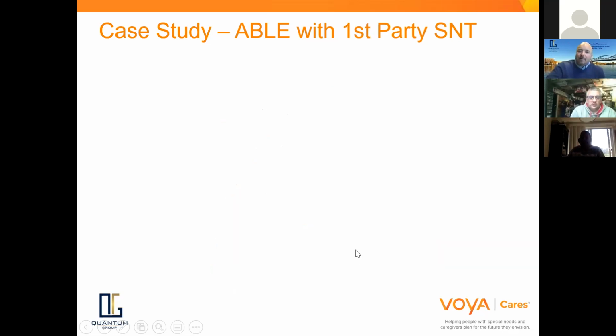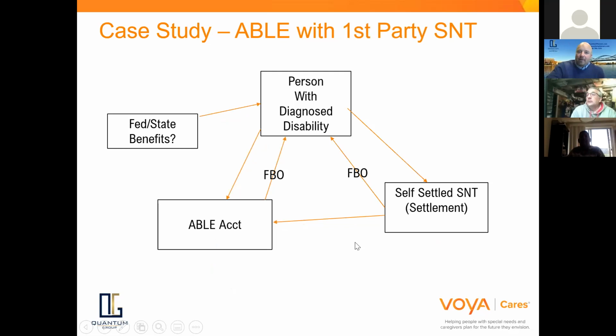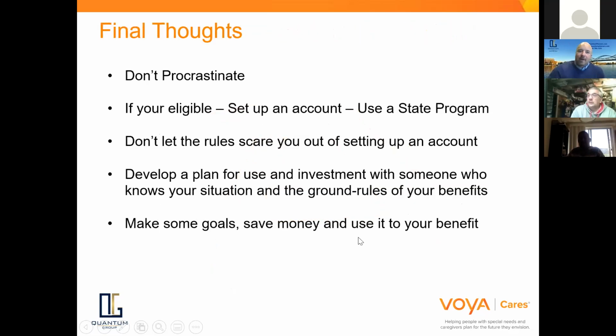The last thing I will have here is final thoughts. Number one, don't procrastinate. Don't say it's something that you want to do tomorrow. The road with procrastination is paved with good intentions. It's important to get this done, and if there's a couple of questions that are keeping you from doing it, send me an email, let me help you through it, and let me help you get it started. If you're eligible, at least have it, and then you decide how to do it.